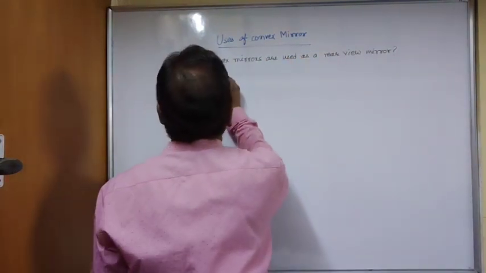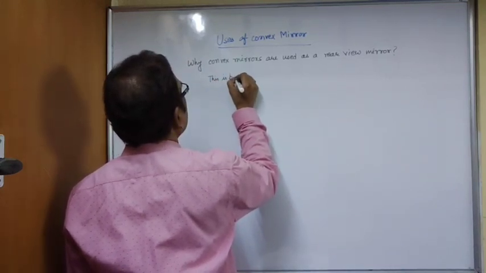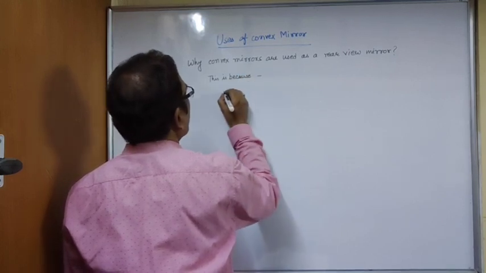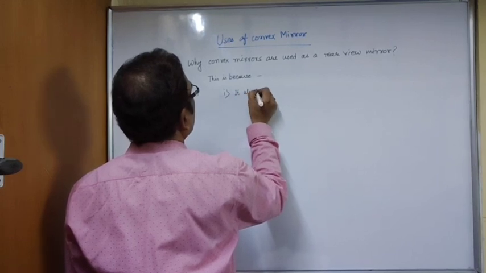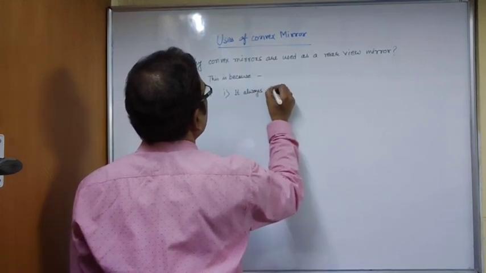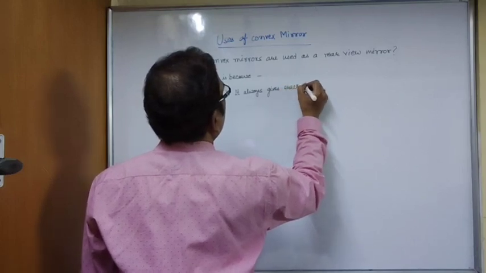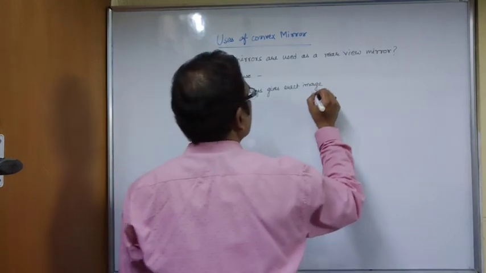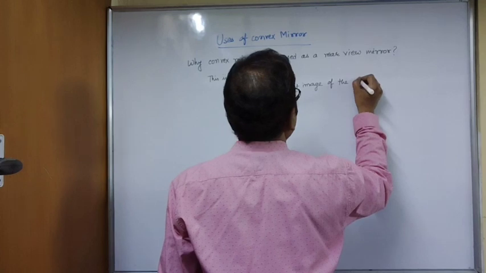First point: this is because first, it always gives an erect image of the object.